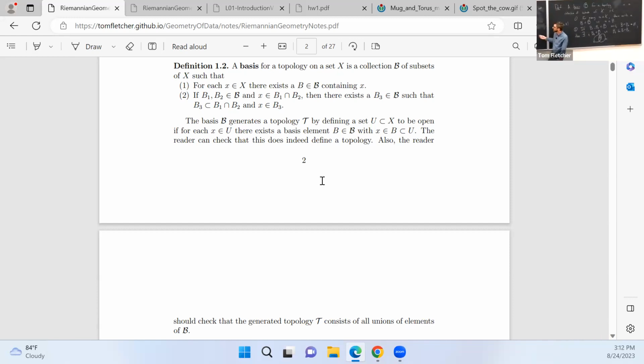It doesn't have to be in the topology. Notice the closed sets are not in the topology typically either, unless they're also open. But here, let's say the singleton set A, it's not open and it's not closed, right? Because its complement is BC, that's not an open set, so it's not closed. So here's an example of a set in this topology that's neither open nor closed. Okay.